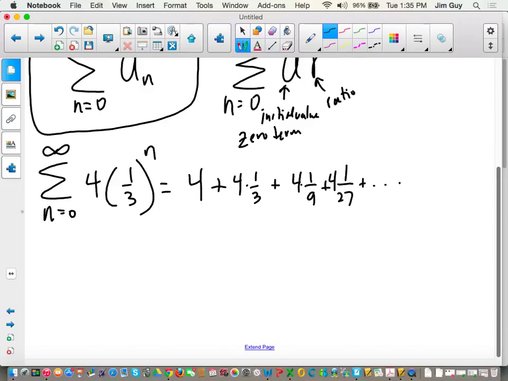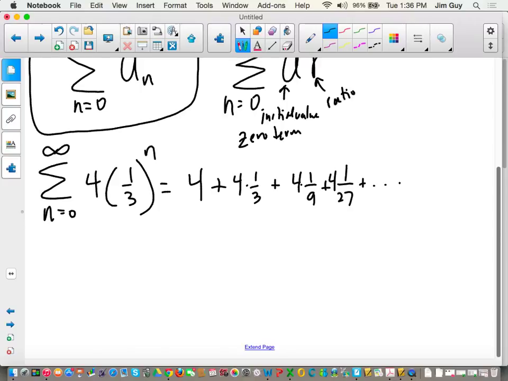What's the only way that could happen? Okay, and so you're multiplying to get the next number, so what has to be true in order for these values to be getting smaller? Your ratio has to be less than 1. Remember talking about that? If you're multiplying to get the next number, you've got to multiply by a number less than 1 to get a smaller number. You're trying to find part of whatever you had before, okay?